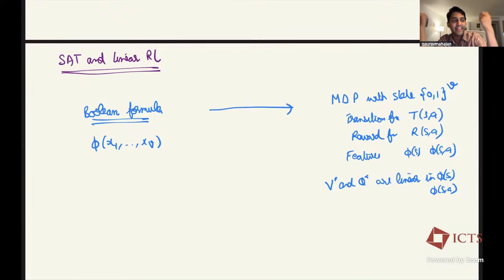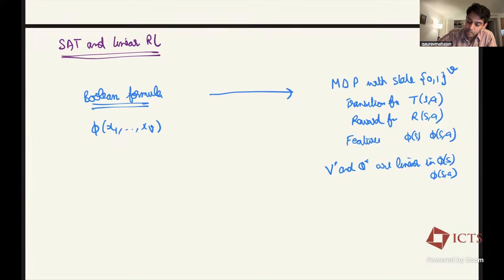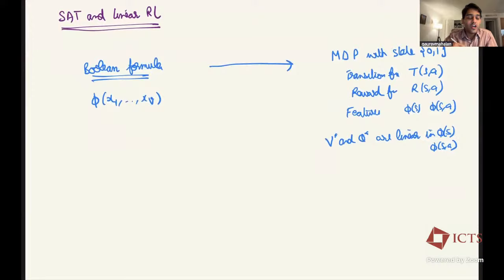So basically, this is a transformation of RL algorithms to solving SAT. Qualitatively that makes sense, but quantitatively, if I want to turn a polynomial time RL algorithm into a polynomial time SAT algorithm, I need this reduction to also happen efficiently.